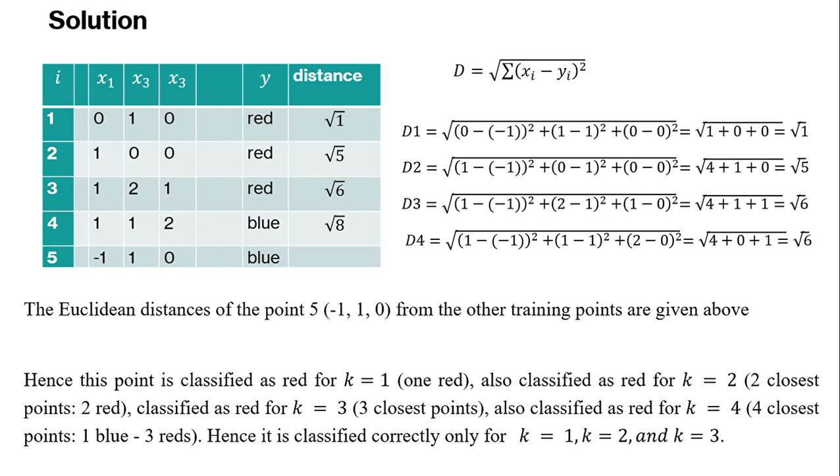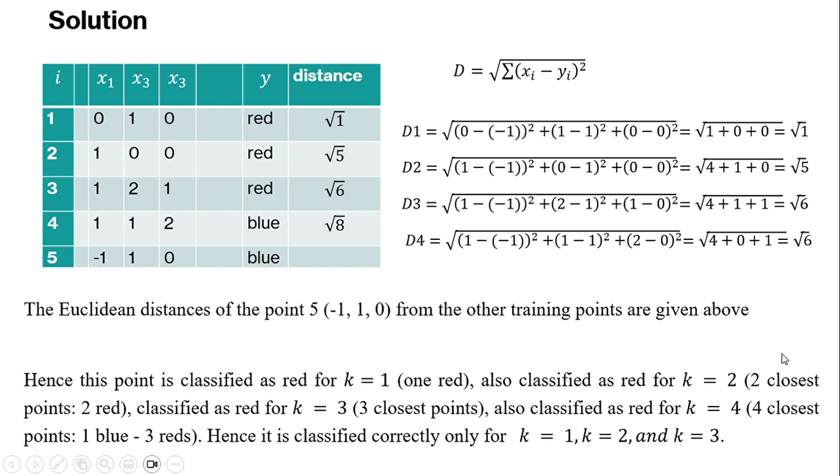By the time we look at that, the distance is 1. Then we go to D2: 1 minus 1 squared, 0 minus 1 squared, 0 minus 0 squared. We have 4 plus 0, which equals root 5. Then we go to the third one and follow that pattern. The last one is 8, not 6, as we can see in the table.